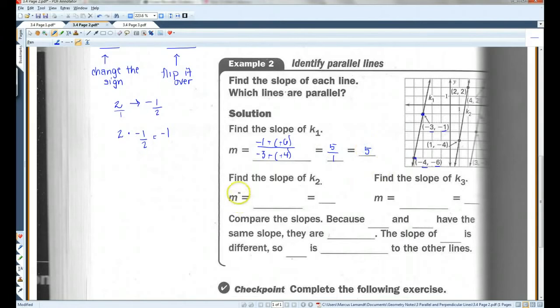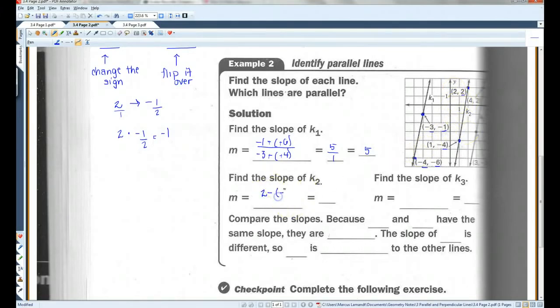Alright, let's take a look at K2. I'm going to use this point and this point. So the y values are 2 and -4. You could say -4 minus 2 or 2 minus -4. It doesn't matter which order you use, as long as, if I say 2 minus -4, then I need to say 2 minus 1. I can't switch it up.